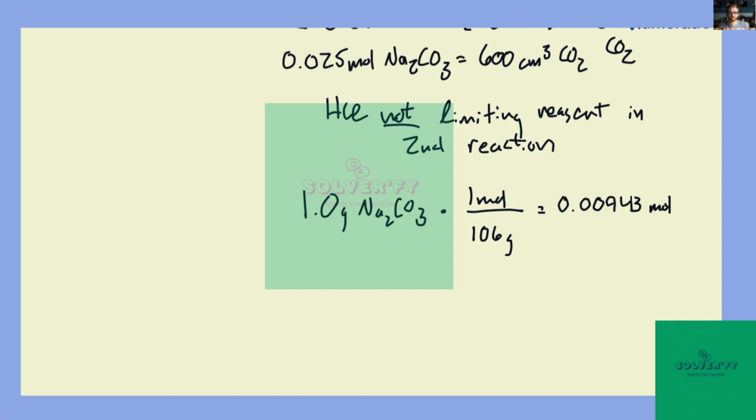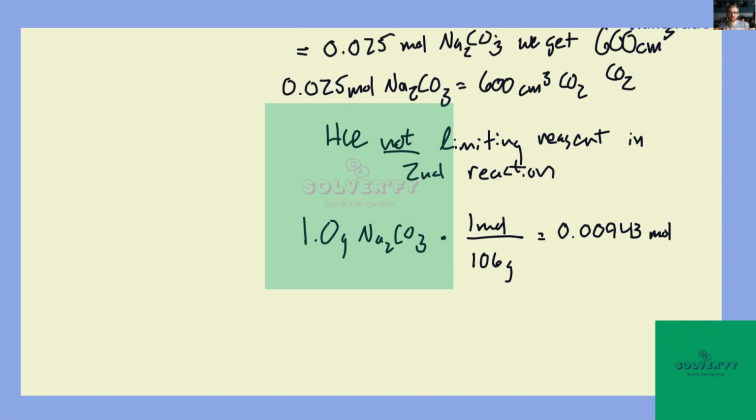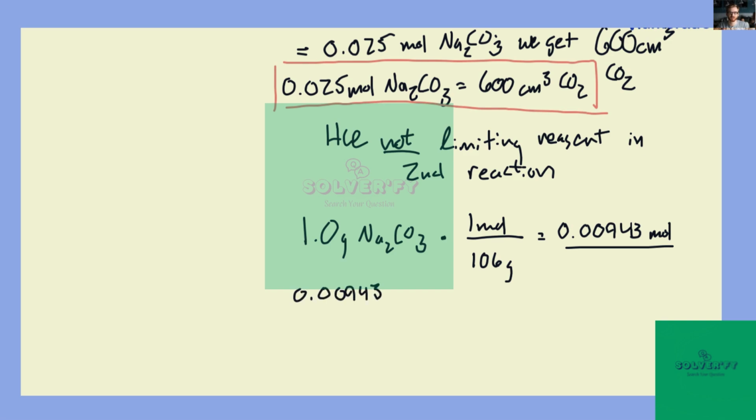All right. Well, all we then have to do is say, well, how many moles of sodium carbonate do we have? We know that. And then convert that into centimeters cubed of CO2. And we have the factor we need right here. This equality is where we get our correct ratio, or the factor that we can multiply this by. We say 0.00943 moles Na2CO3.